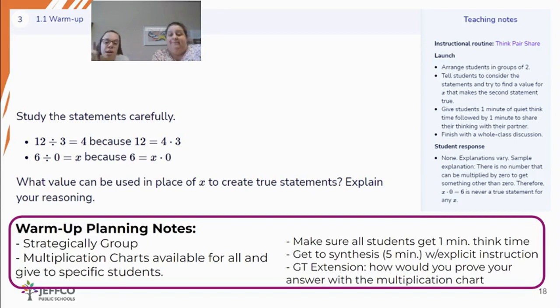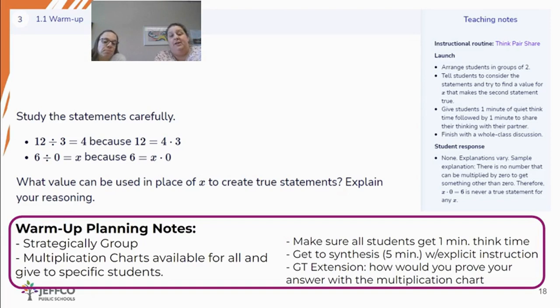So using the teacher notes, I looked at the standard that was elevated for this warm-up in this lesson, and it focused on the inputs and outputs of functions. It didn't discuss anywhere division explicitly or multiplication explicitly. And so because of that, providing a multiplication chart or even a calculator would not lower the level of the rigor of the standard. It's an accessible item for all students.